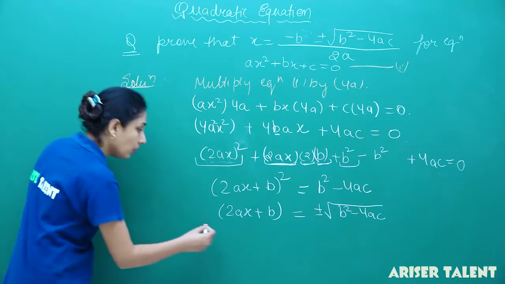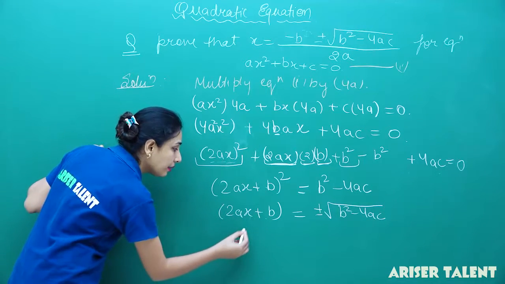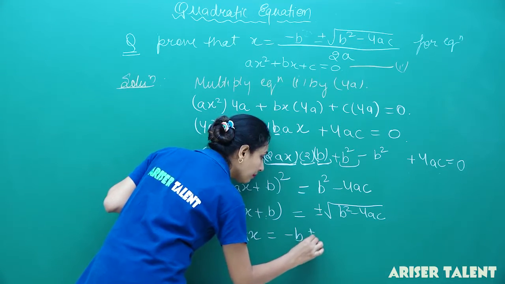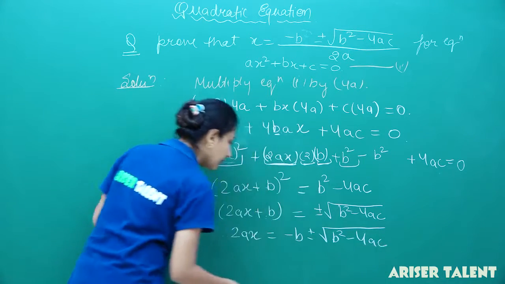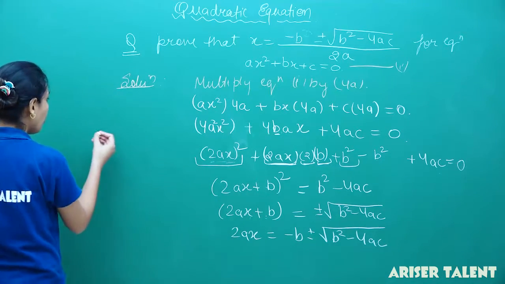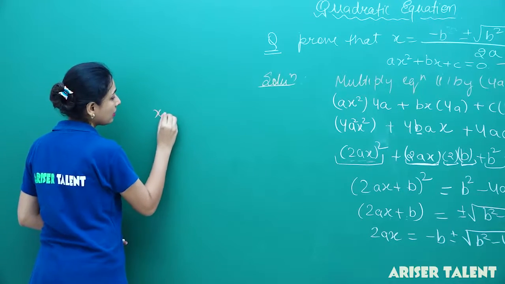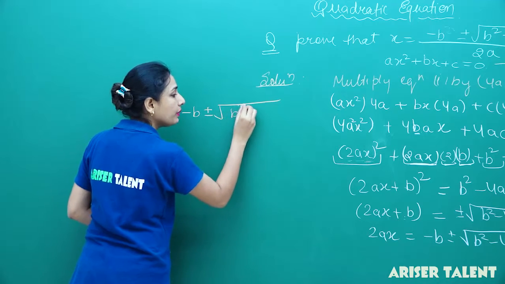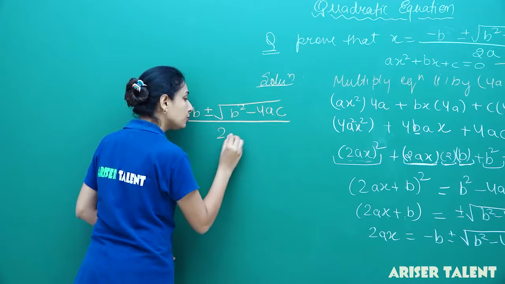Now, if I transpose this, I have to take the value of x. So remaining with x here, I have to transpose this b, giving minus b plus minus root of b square minus 4ac. Now, why should I leave this 2a here? So what will I do? Come here at this part. That will become x equals minus b plus minus root of b square minus 4ac upon 2a.